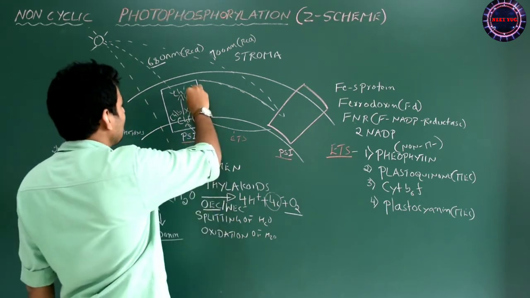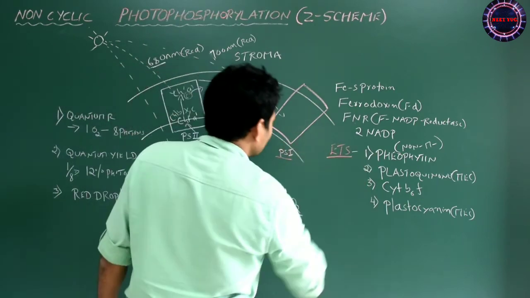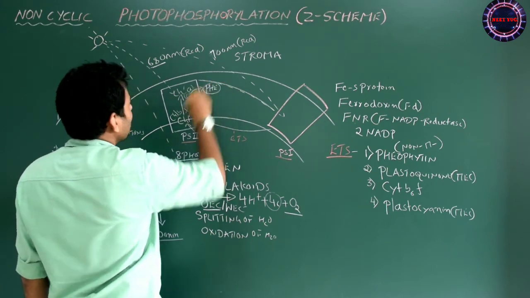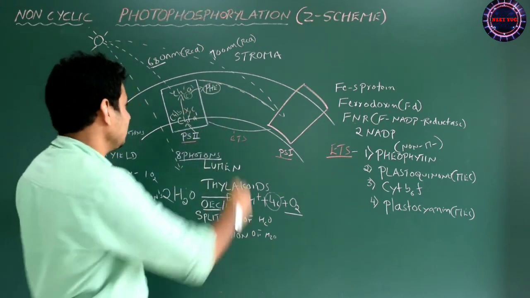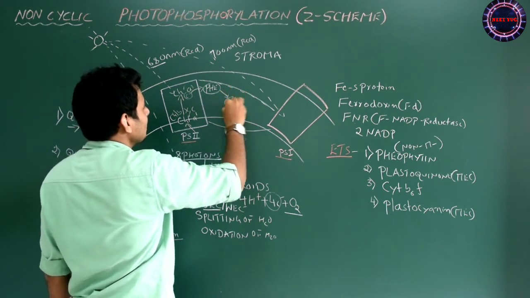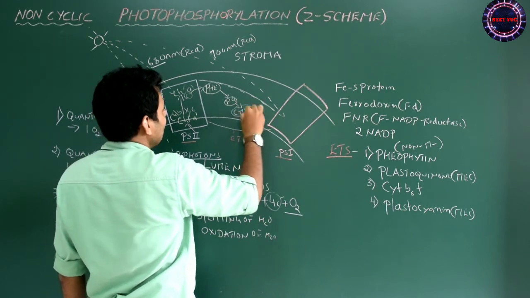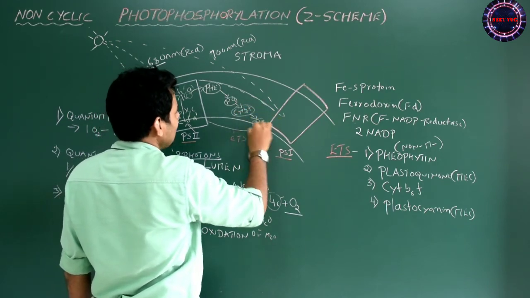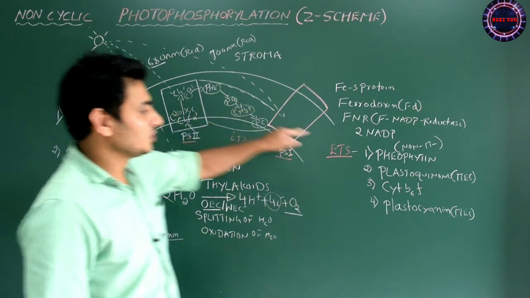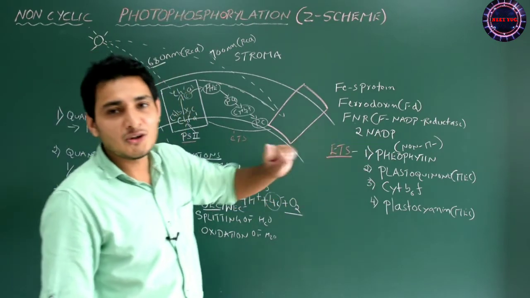It has to transfer these electrons to the ETS, the first component of which is pheophytin, a non-mobile electron acceptor or carrier. Then it will be transferred to the plastoquinone, then to the cytochrome B6F, then to the plastocyanin. PC and PQ are mobile electron carriers, whereas pheophytin is non-mobile.